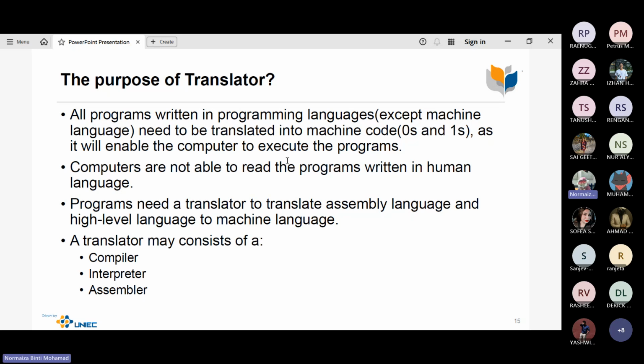So a program needs the translator to translate assembly language and high-level language to machine language. So a translator may consist of a compiler, an interpreter, and an assembler. Basically, a translator is not an interpreter. A translator consists of a compiler, interpreter, and assembler.